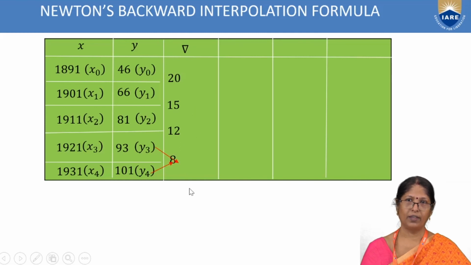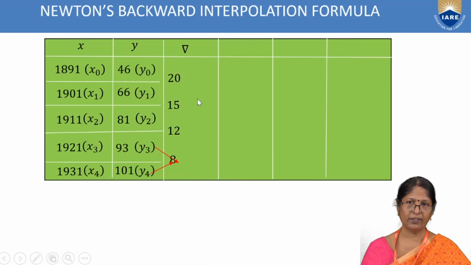You can see these two small red arrow marks, which indicate how this 8 is obtained, that is the difference between 101 and 93. This is to make our understanding better, and that is the purpose of the red arrow marks.